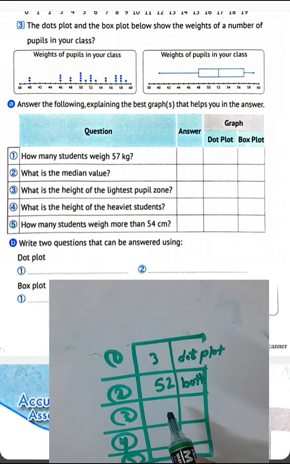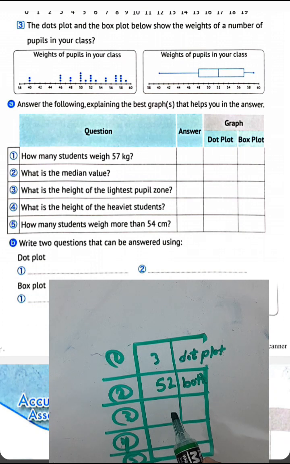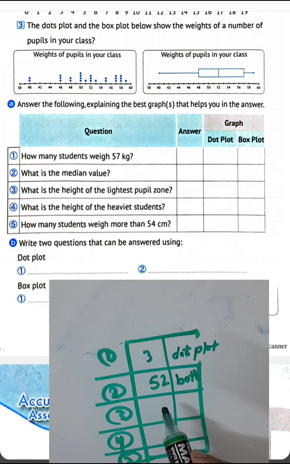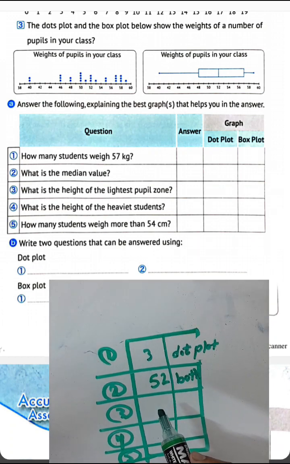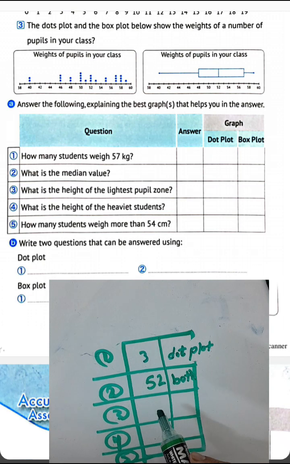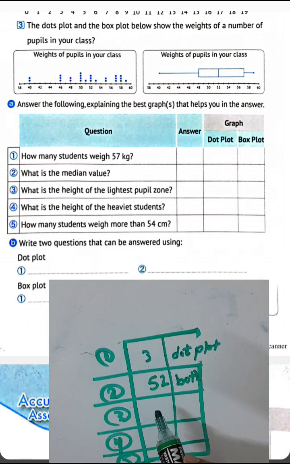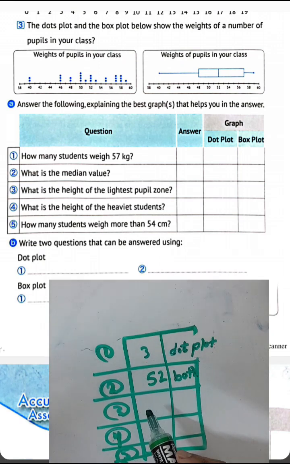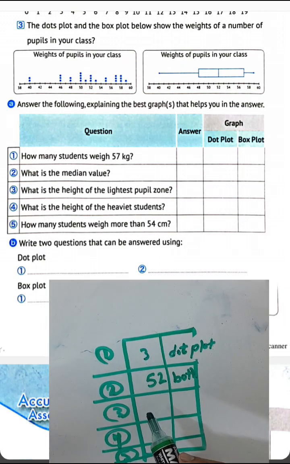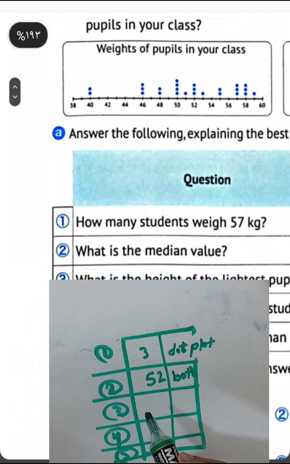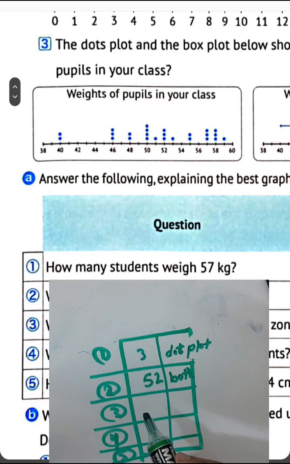Question number 3. What is the weight of the least pupil? The least will be here. Look at the dot plot. What is the weight of the least pupil? The least pupil is here, 2.